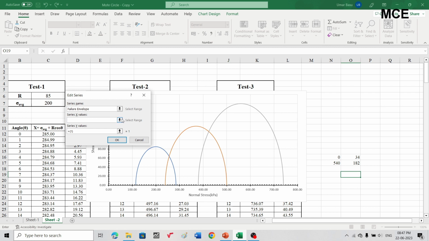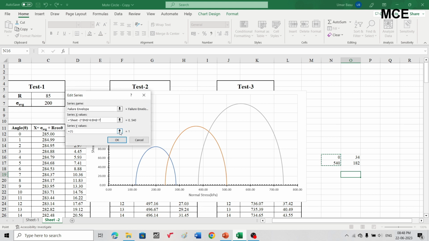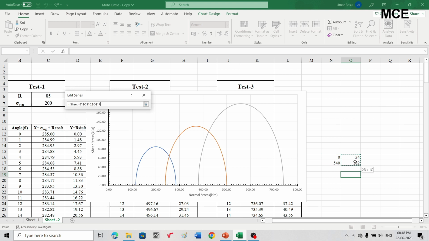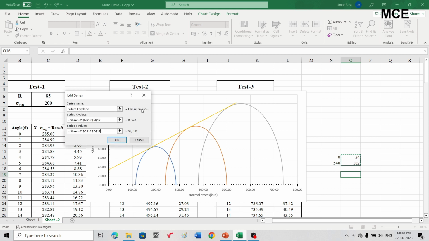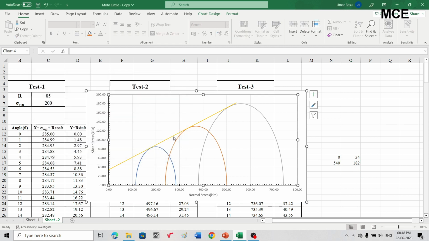For x coordinate you will select these 0 and 540, and for y coordinates you will select these 34 and 182, and then click on the OK button, and you can see that we now have a failure envelope which is touching these three circles.